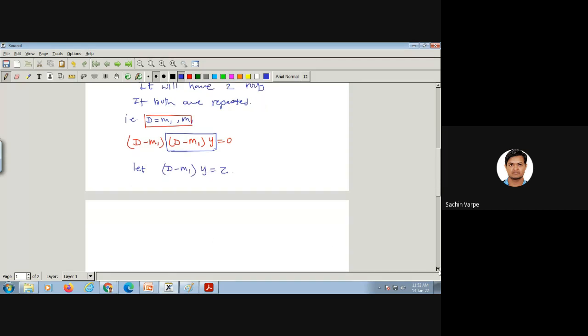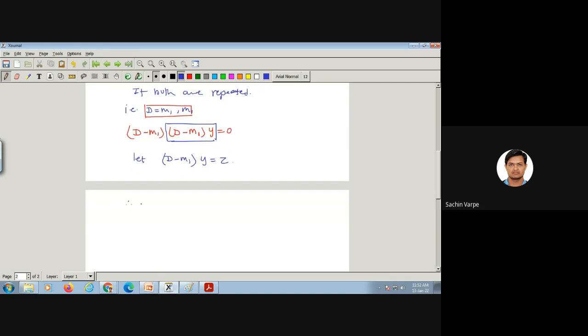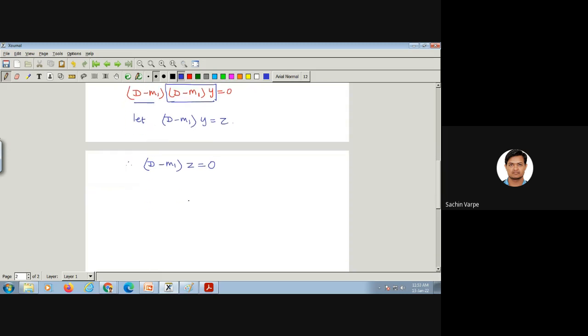Therefore, (D minus m1) operated on z is equal to 0. Clear to everyone? So by substituting D equal to d by dx, we will get, by taking z inside, dz by dx minus m1 z is equal to 0.